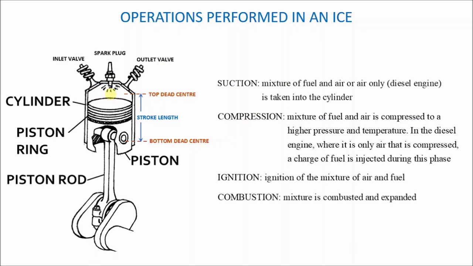And then after the ignition phase, you now have the combustion phase. So what is happening? Because a spark has been lit, you now have some sort of explosion inside of the cylinder. That causes the mixture of air and fuel to begin to combust, and it is burning now.